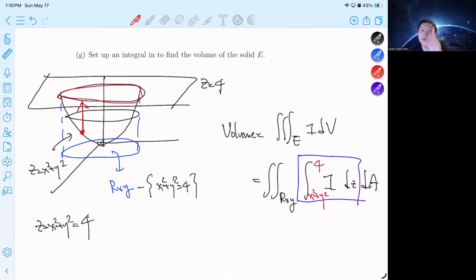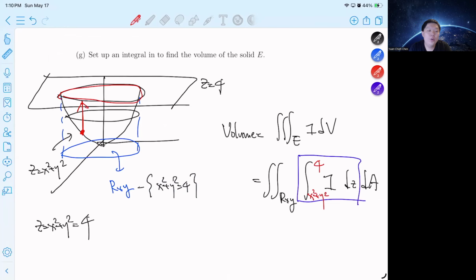The working method is that when you do the integral, the inner one will be function to function, and we can see where z goes from and to. Now for the double integral part, this is x squared plus y squared equals 4. It looks circular to me. So what about we just use polar coordinates, or in this case, the whole thing is cylindrical coordinates.